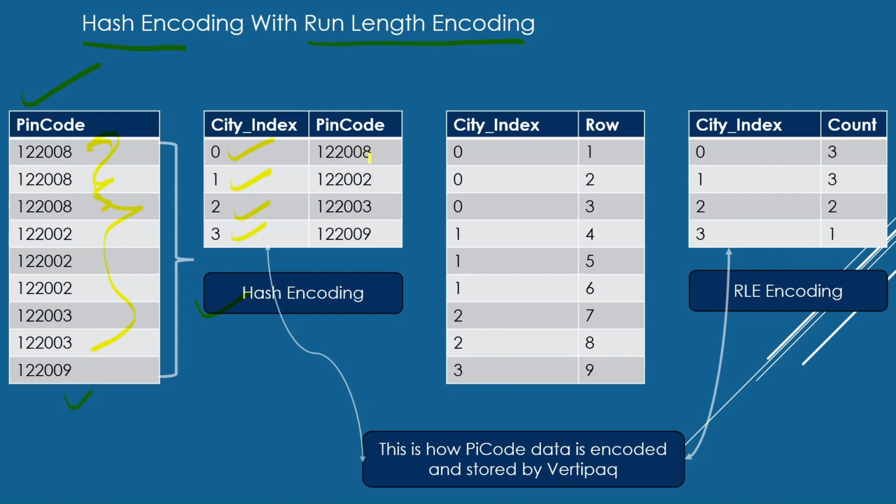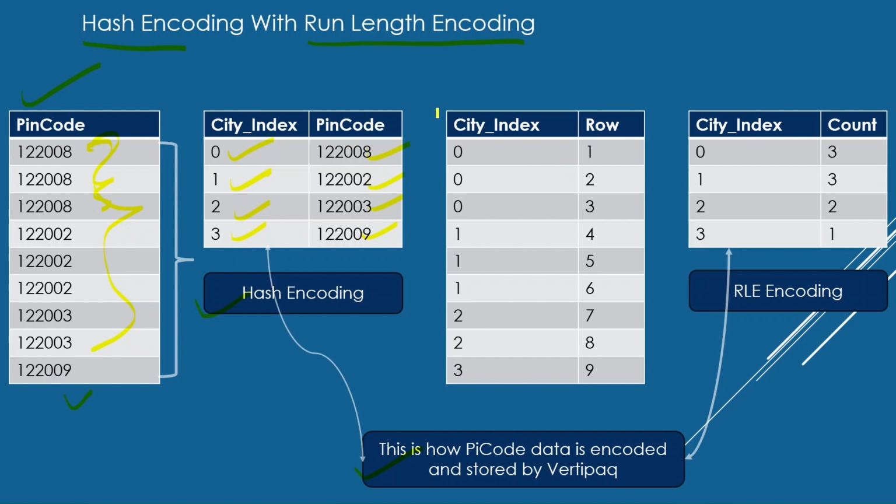So this table has only 4 unique records, right? Now the data is stored in the VertiPaq engine. So with the help of hash encoding, data is getting stored in the VertiPaq engine.